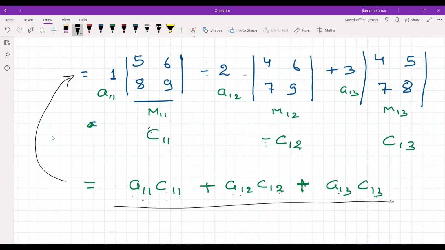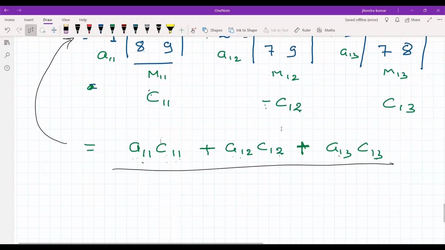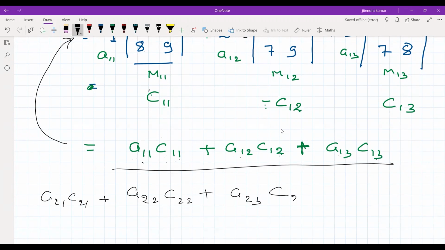So it means if we know the cofactors of the elements, then we can directly multiply the cofactor of each element with the corresponding element for any row or any column, and we will get the value of that determinant. It is applicable for any row or any column. Like you can also apply A21 C21 plus A22 C22 plus A23 C23.